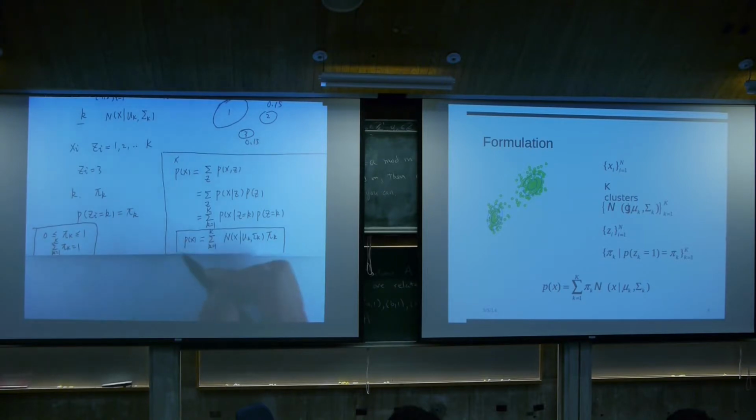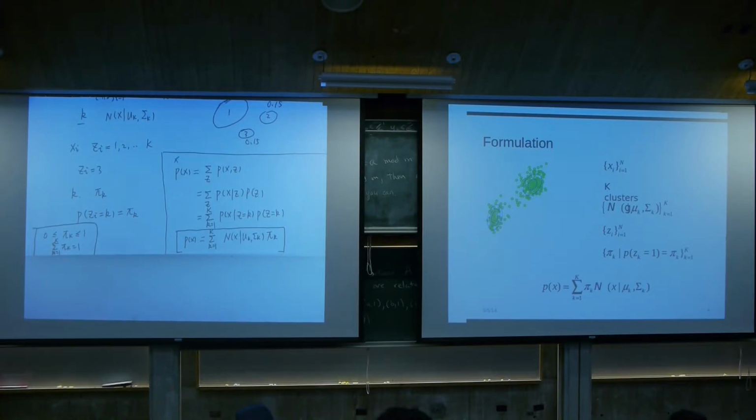So from the density function of the Gaussian mixture model, you can understand why this model is called a mixture of Gaussians. Each pi_k is a number from 0 to 1, and you multiply it with a certain Gaussian and do the sum over all the products.